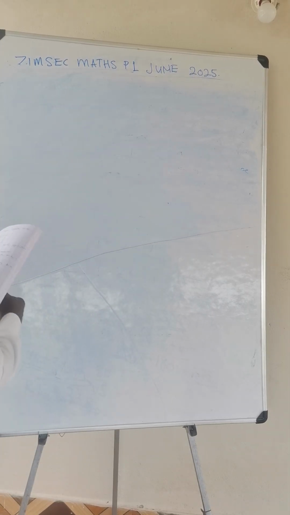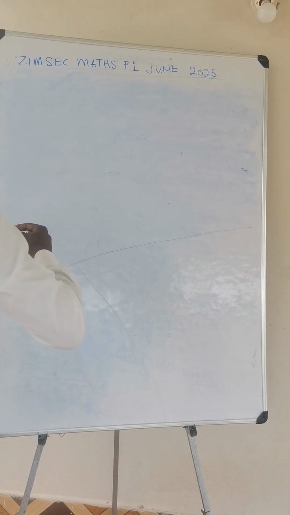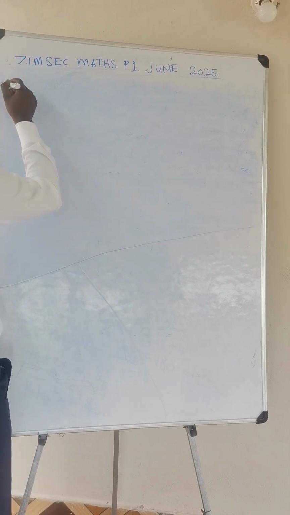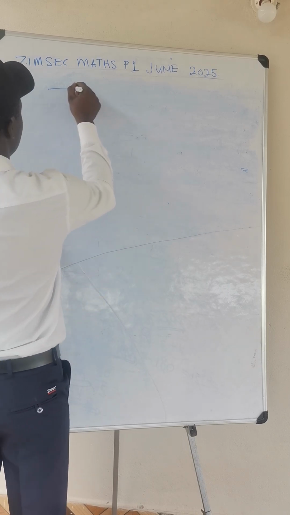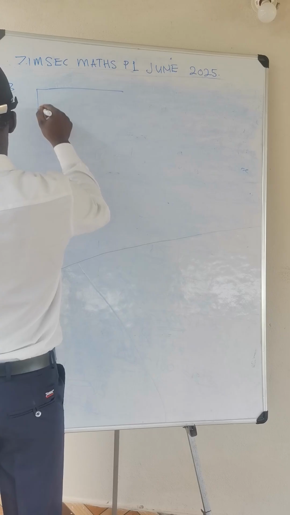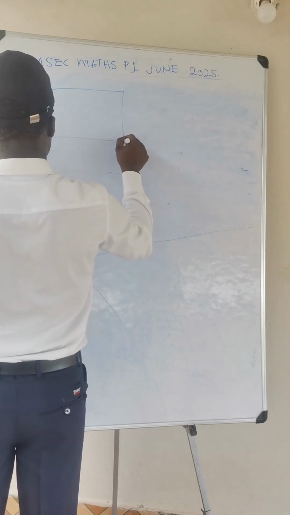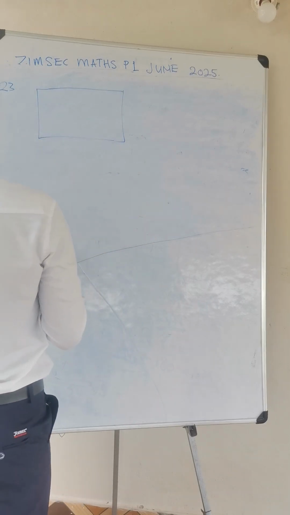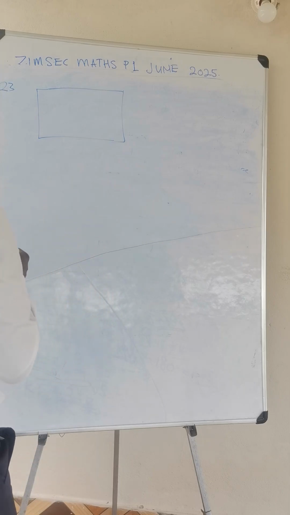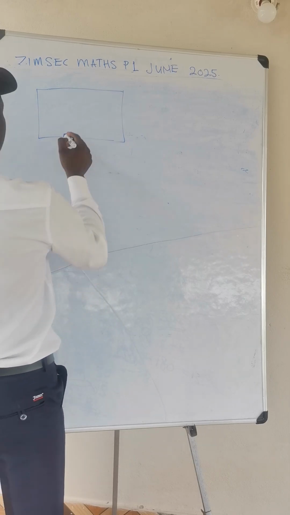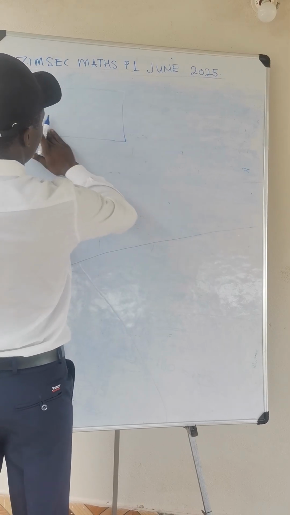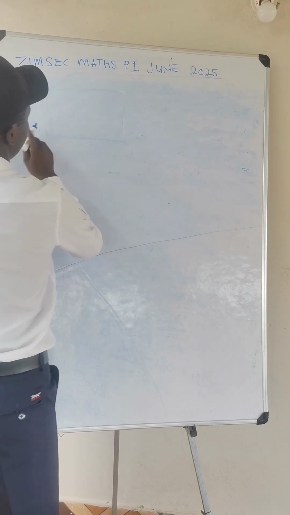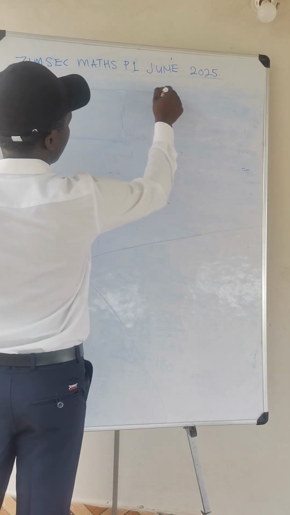Number 23 is like this: on the Venn diagram, show the set. There is a Venn diagram like this. It's very small, so let me make it big so that you can see.